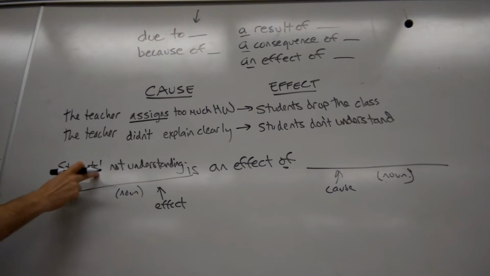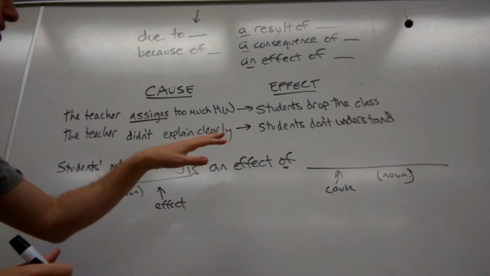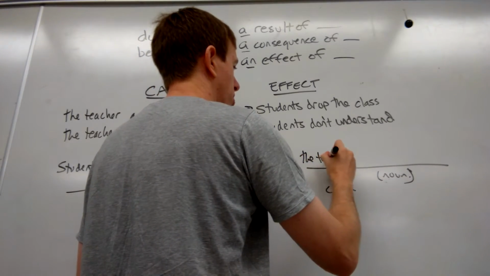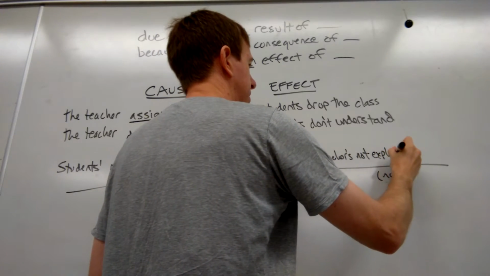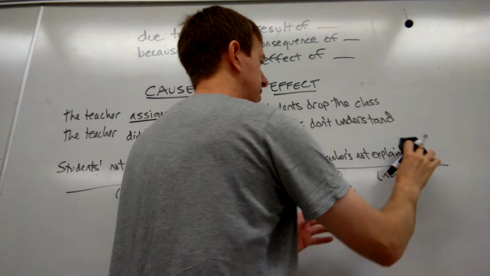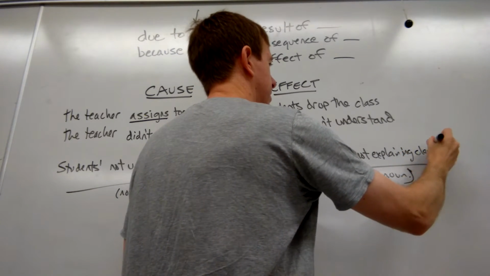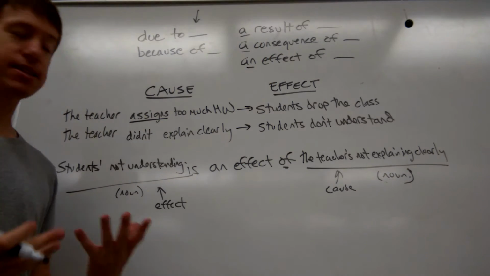And again, if you want, you could make this possessive. Students not understanding is an effect of what? The teacher or the teacher's not explaining clearly. Now, if you don't like the whole noun clause, you could simplify these sentences a little bit.